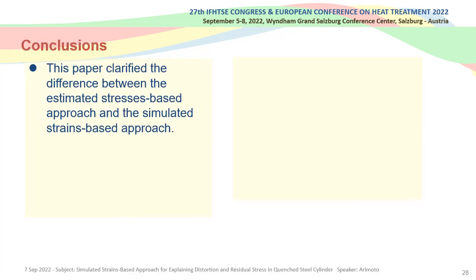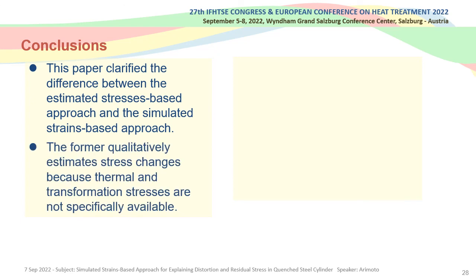I'd like to summarize my talk. This paper clarified the difference between the estimated stresses-based approach and the simulated strains-based approach. The former only qualitatively estimates stress changes because thermal and transformation stresses are not specifically available.